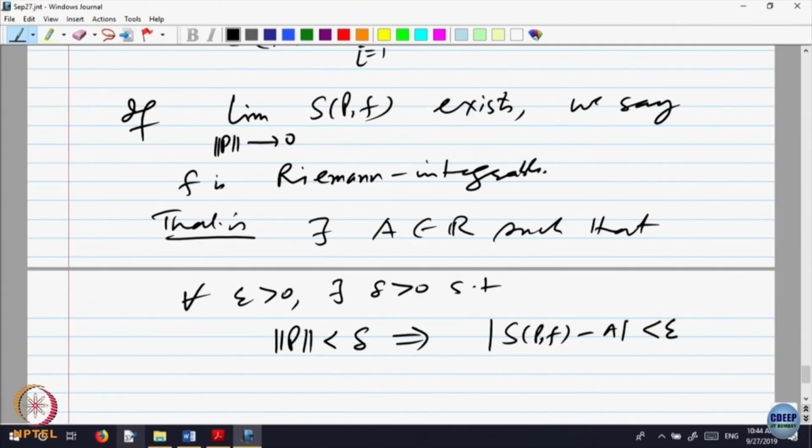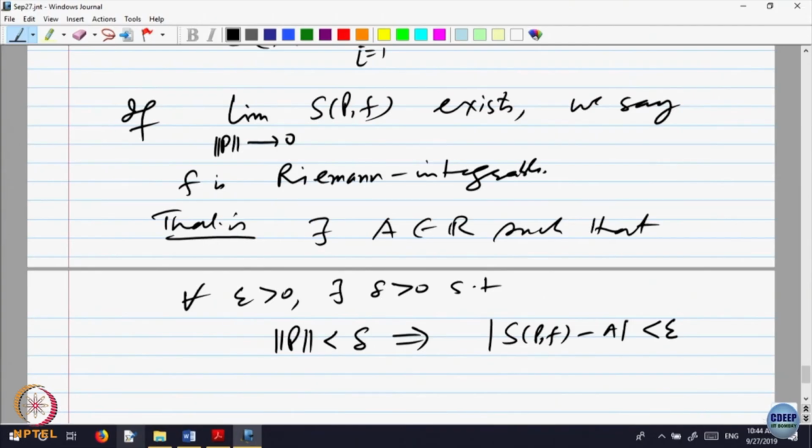For every choice, when P is a partition, S(P, f) depends upon the choice, right? So this says for every choice of those points ci, whatever choice you make, if you construct S(P, f), that should be close to the number A. That is what the limit means. Okay?